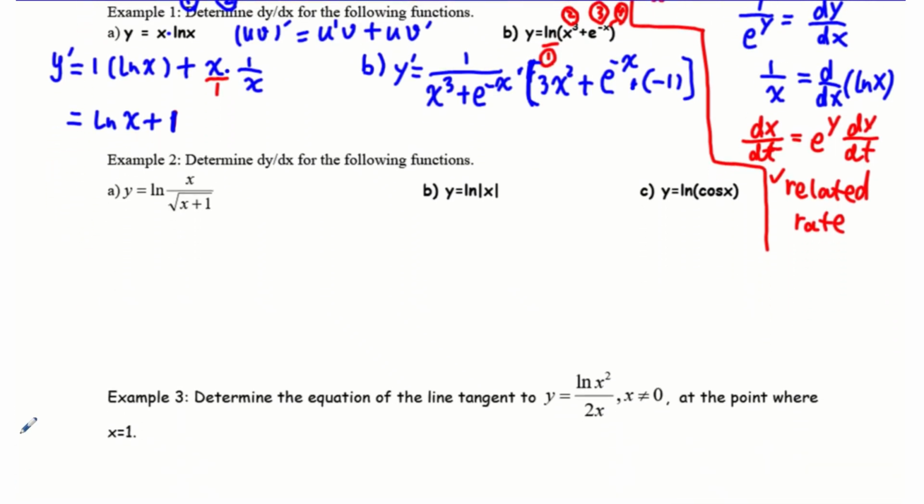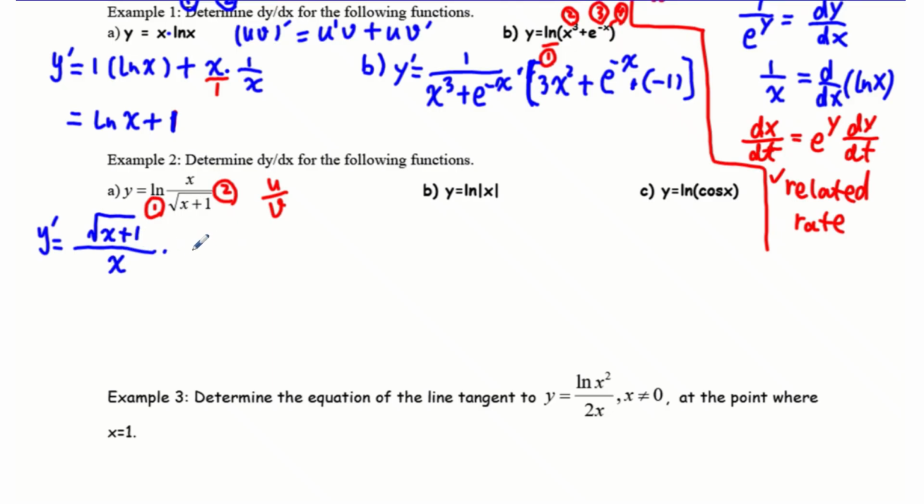Example 2. So this one, we are going to label ln first. Then this part together is u over v. Okay, so y prime equals the reciprocal of ln's argument, reciprocal flip, square root of x plus 1 over x.